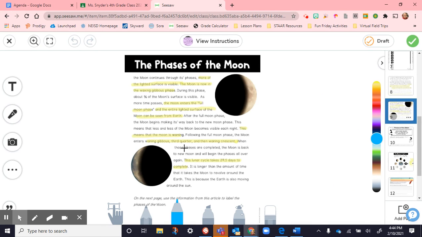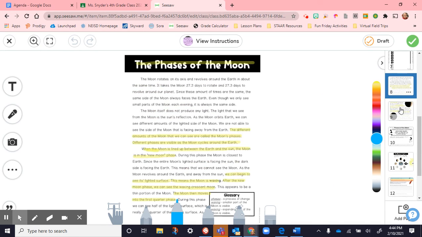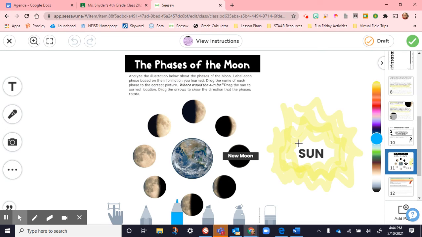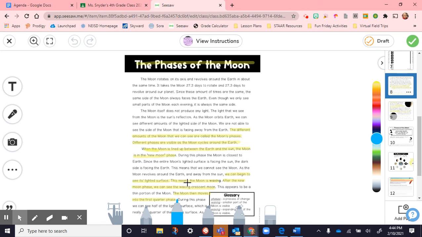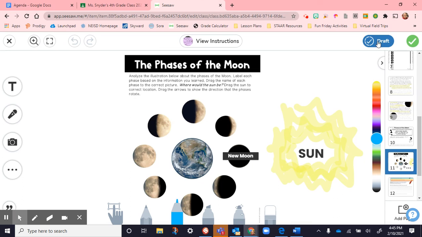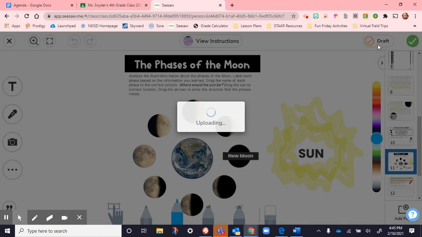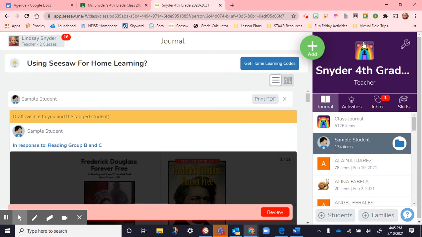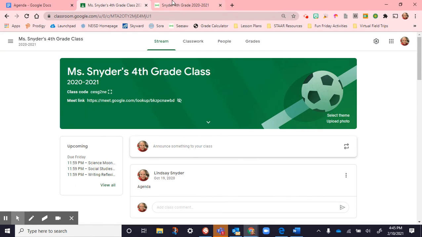Then you're going to go to the next phase and so on all throughout these 2 pages, and you're going to label the remaining, and you're not looking it up. I want you looking back in the text for the information. Once you are done with that, you were to draft that. And then if you still have your coding that you wanted to work on from the seasons, you can continue working on that.